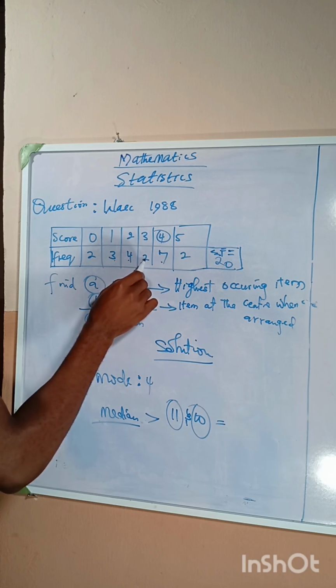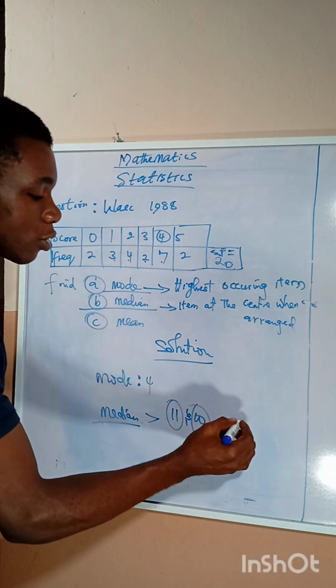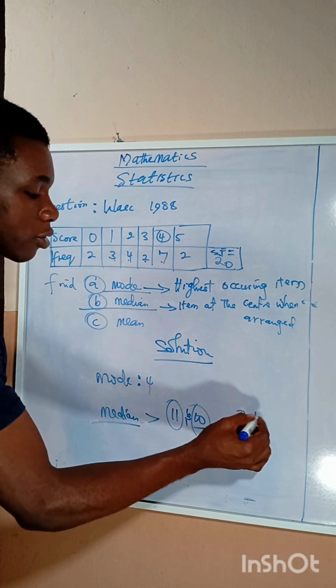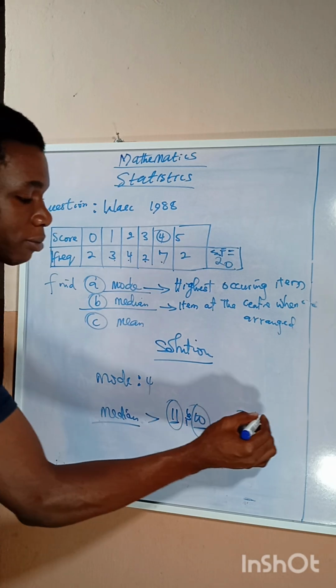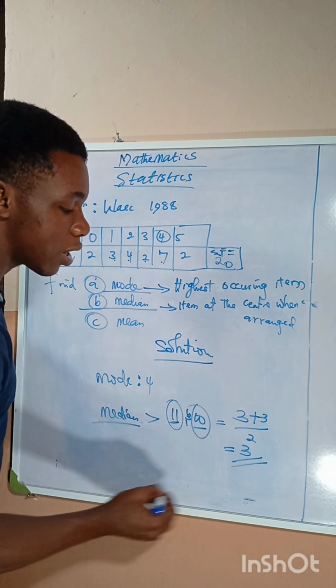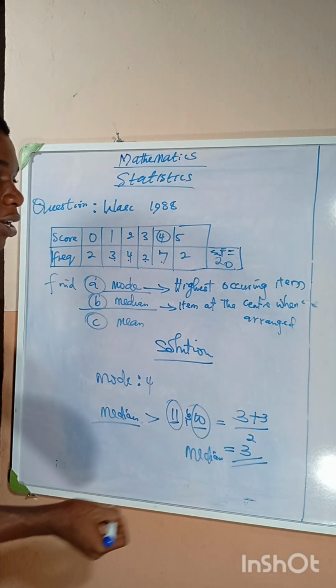So here we have 10 and 11. 3 happens to fall under this category. So we have 3, which is the 10th item, plus 3, which is the 11th item, divided by 2, which would give you 3 also. So the median here is also 3.